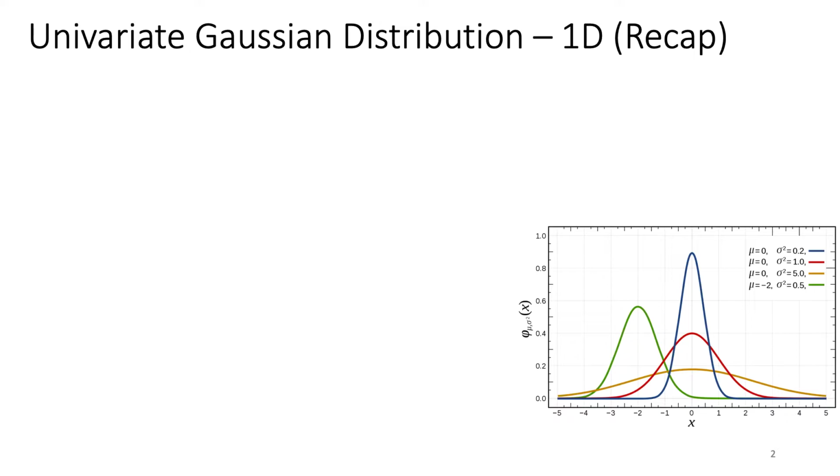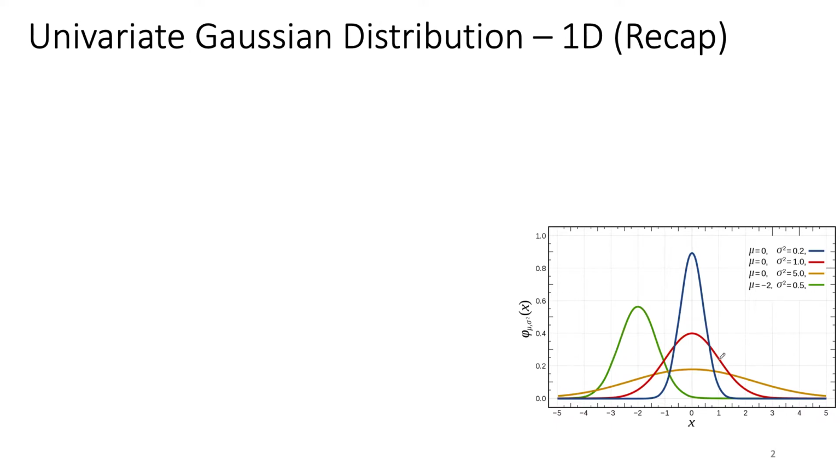You recall we started with the univariate Gaussian distribution. So in 1D, here are a bunch of examples. Each of them has their own mean and variance, so mu and sigma squared. On a normal distribution or a Gaussian distribution, normally the mean will be the maximum point.